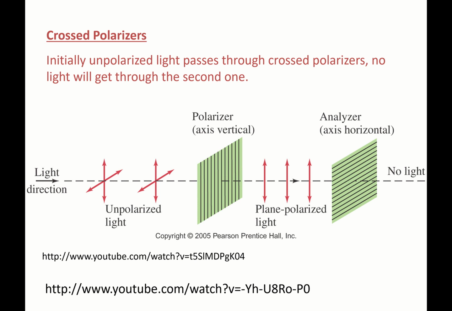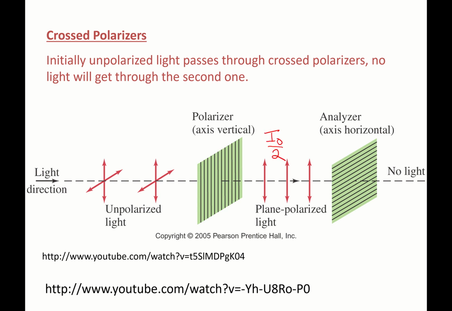If we have initially unpolarized light hitting two polarizers, the first one vertical and the second one horizontal, what's going to happen is that the unpolarized light hits the first polarizer, and half of it comes through.